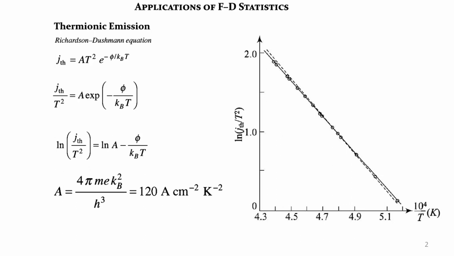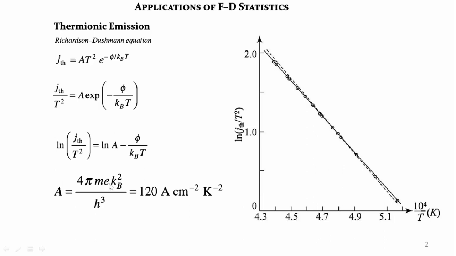And now if you see the expression for A, it is made up of fundamental constants only. 4 pi is a fixed number, m is the mass of the electron, and e is the charge of the electron, which is a fixed thing. Also we have k_B as the Boltzmann constant, obviously, which is also a fixed number. So all these things are fixed. So from the intercept, what do you expect? We expect the intercept to be the same for every metal, isn't it?